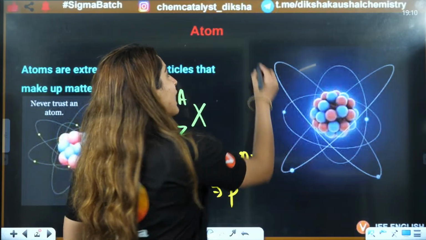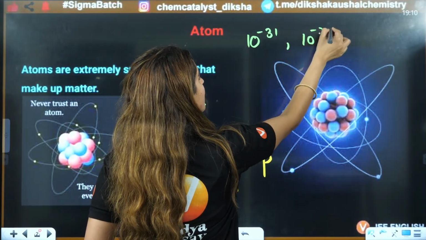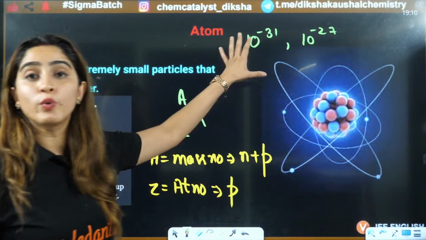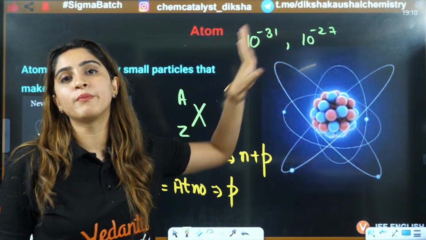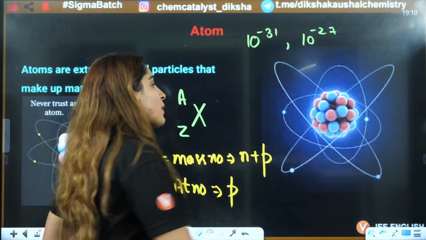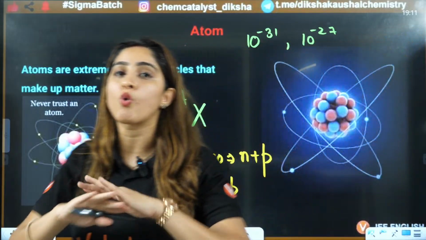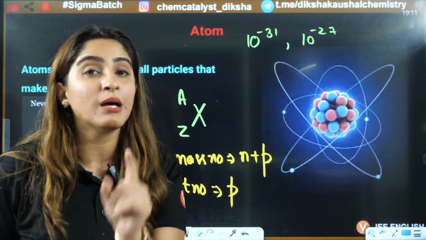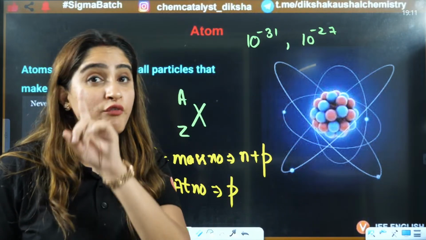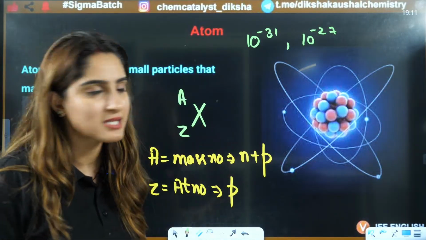So we know that mass of electron is 10 raised to power minus 31 and proton is 10 raised to power minus 27. Now you can see that mass of electron is very small as compared to mass of proton. That is why this electron that is revolving around the nucleus is totally neglected, and that's why we calculate a mass number with the mass of neutrons, or you can say number of neutrons plus number of protons, right?